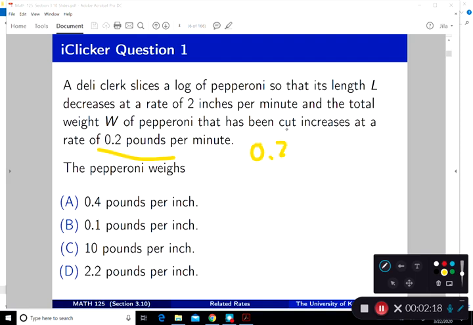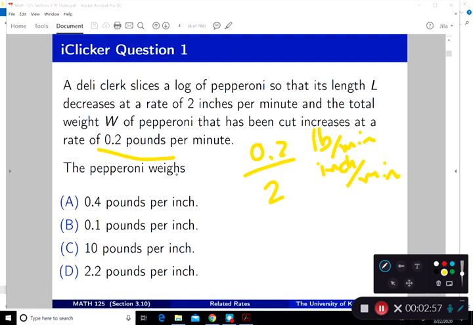And the amount that is being cut is changing at the rate of 2 inches per minute.